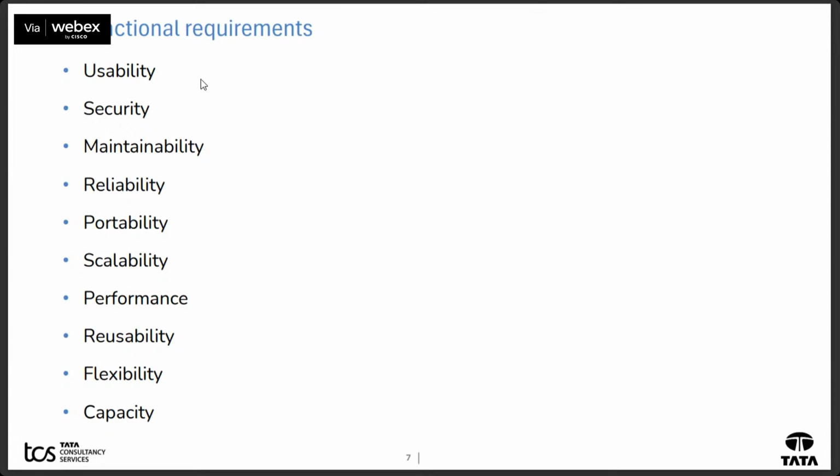So usability is how usable the application is. We would have seen many web pages which are too cluttered, too many ads, too many flashing things going around. And when we see those kinds of applications, we tend to go away.